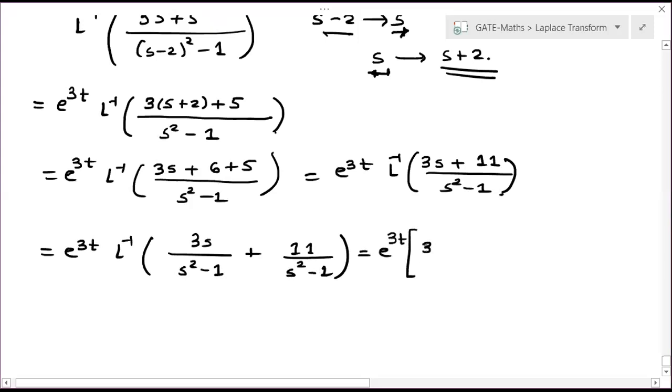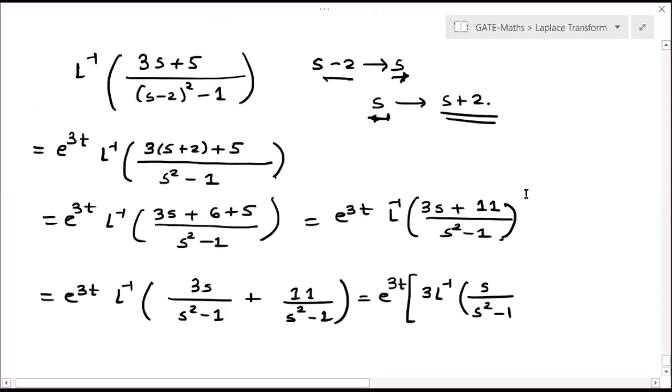Let us take 3 outside. It is Laplace inverse of s divided by s square minus 1. Oh, 2t. My mistake. It is e to the power 2t. Sorry. Thank you, Roshan.